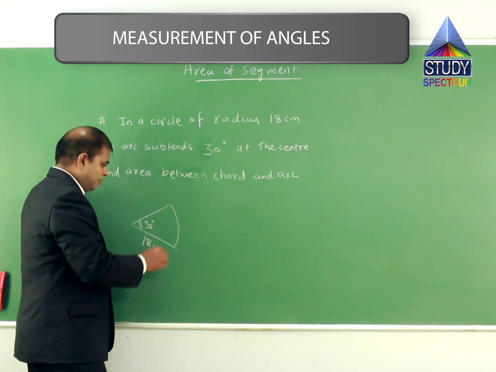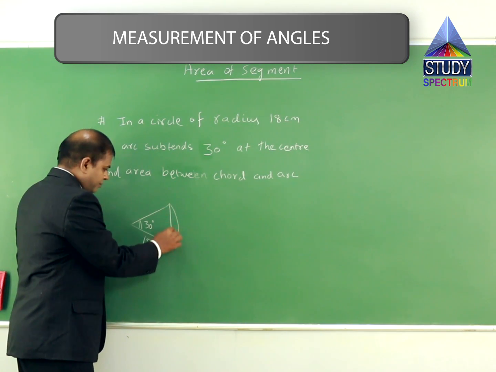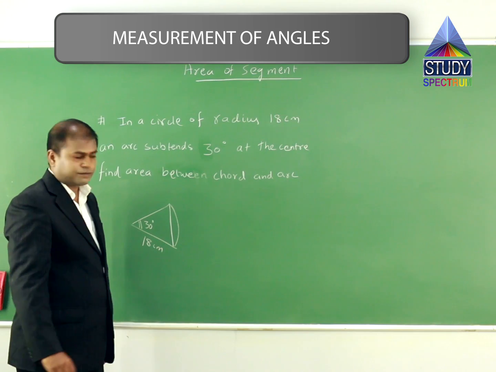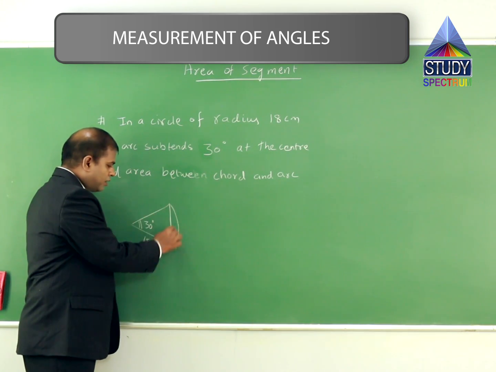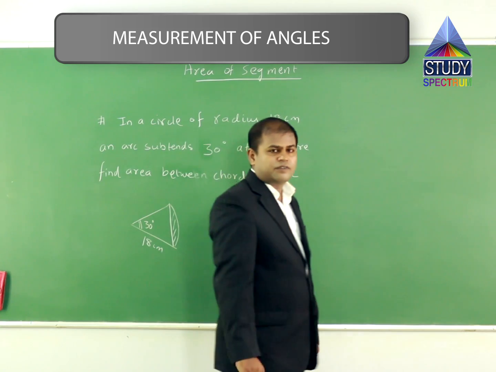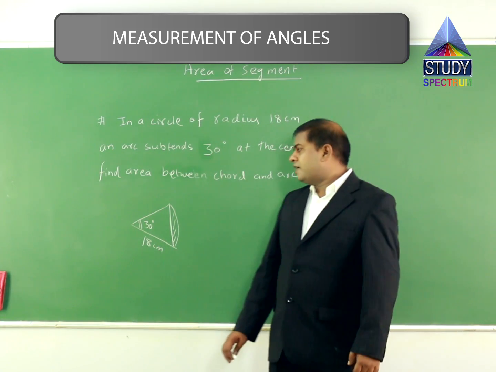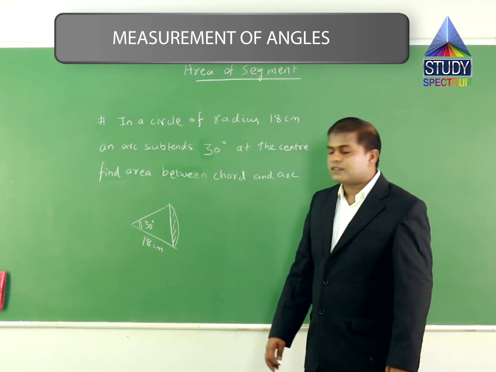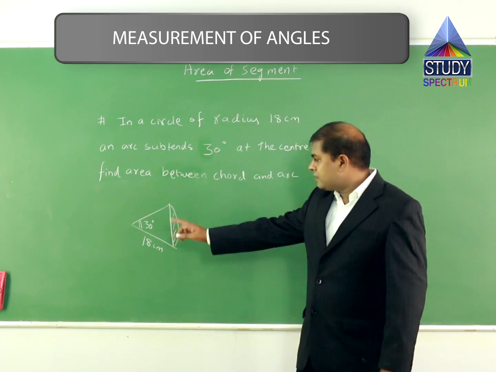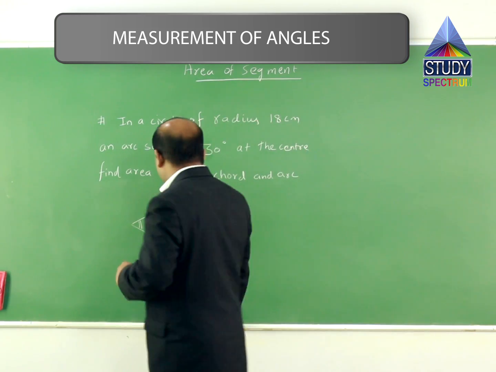You have to measure the area between the chord and the arc, which is actually the segment of the circle of radius 18 centimeter and angular measure 30 degrees.